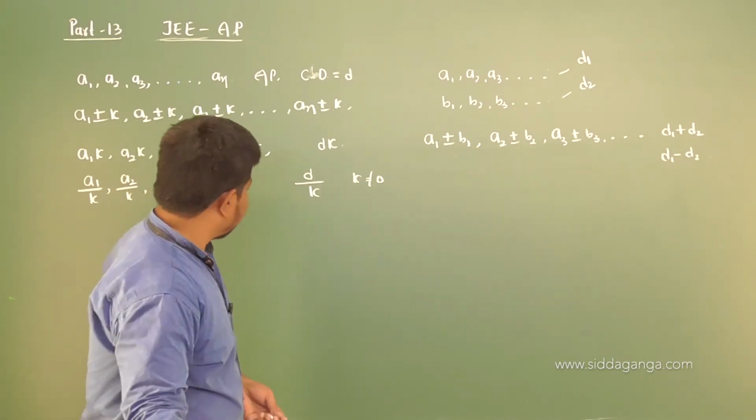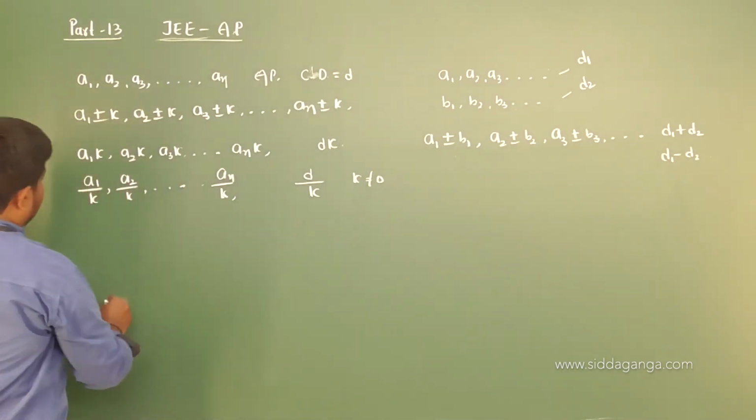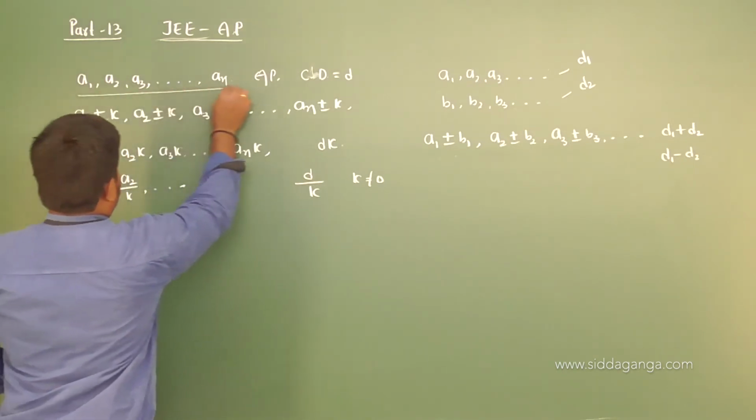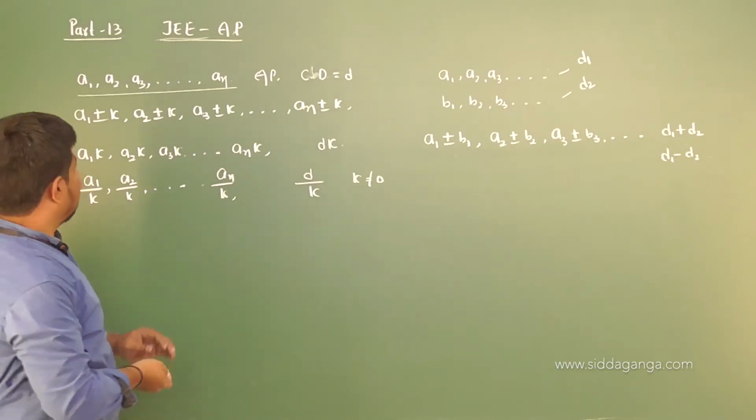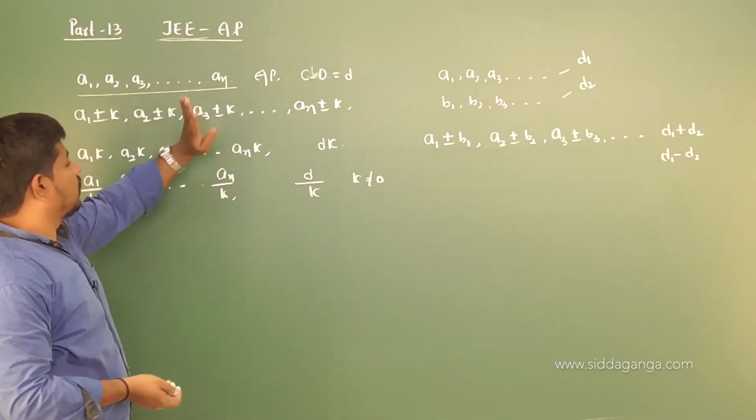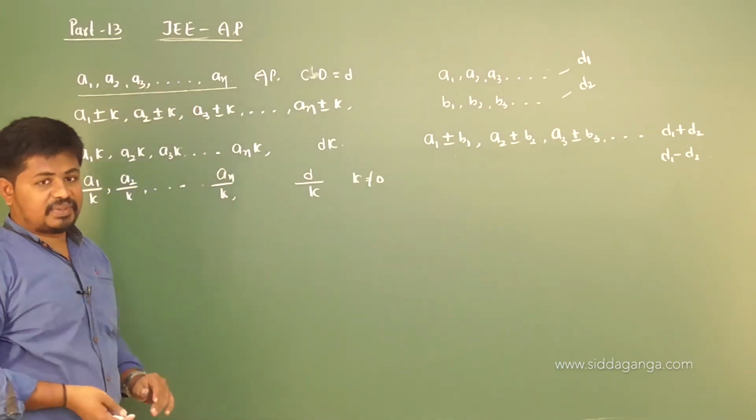Next, one more important result: let A1, A2, A3 till AN be an AP, an arithmetic sequence.